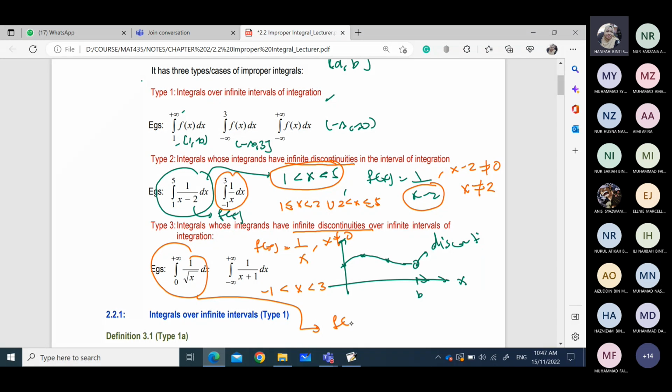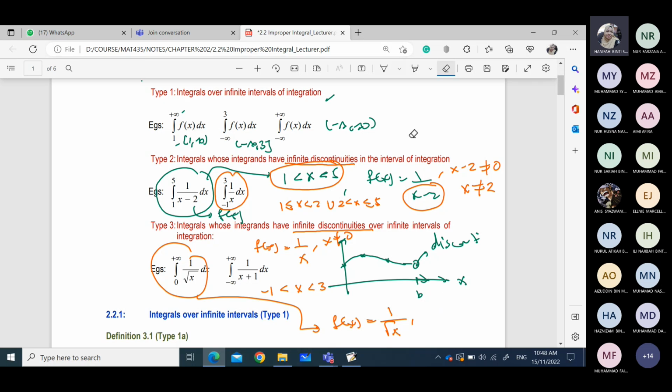Okay. So we have this function, f of x equals to 1 over square root of x. Okay. So we know that for square root of x cannot be negative. The values of x must be greater than or equal to 0 for square root punya rule. Okay, so since square root of x is the denominator, here we can say that the x value must always be greater than 0.